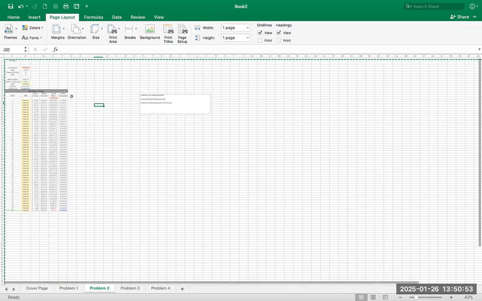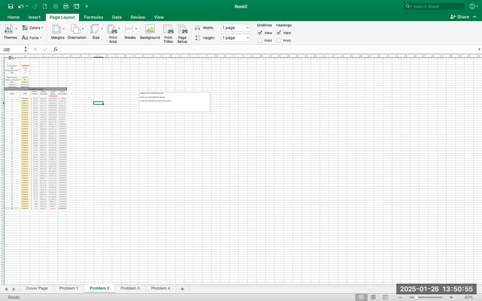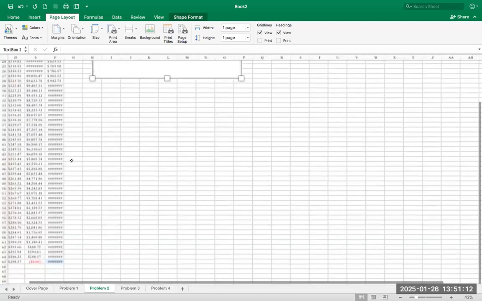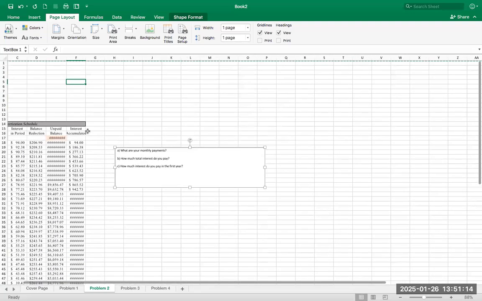Maybe when I do, let's see, perhaps instead of doing a set print area, I'll clear this print area and maybe just when I look at my margins one more time, even if I changed it to landscape, it should show you some sort of a cut off.